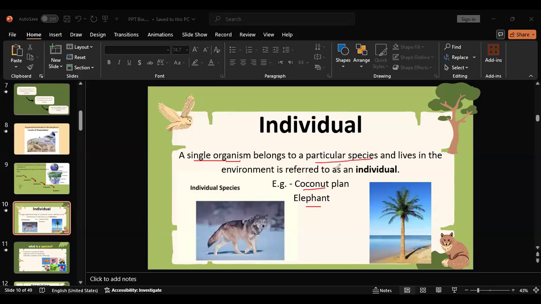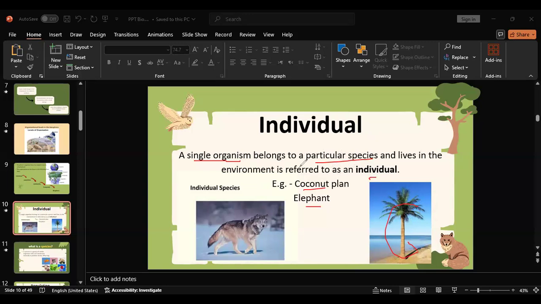Particular species, we will see next what a species is. For example, one coconut plant that lives in the environment is referred to as an individual. Whatever it is, one woman or one man, one person, a single organism, that is the individual.